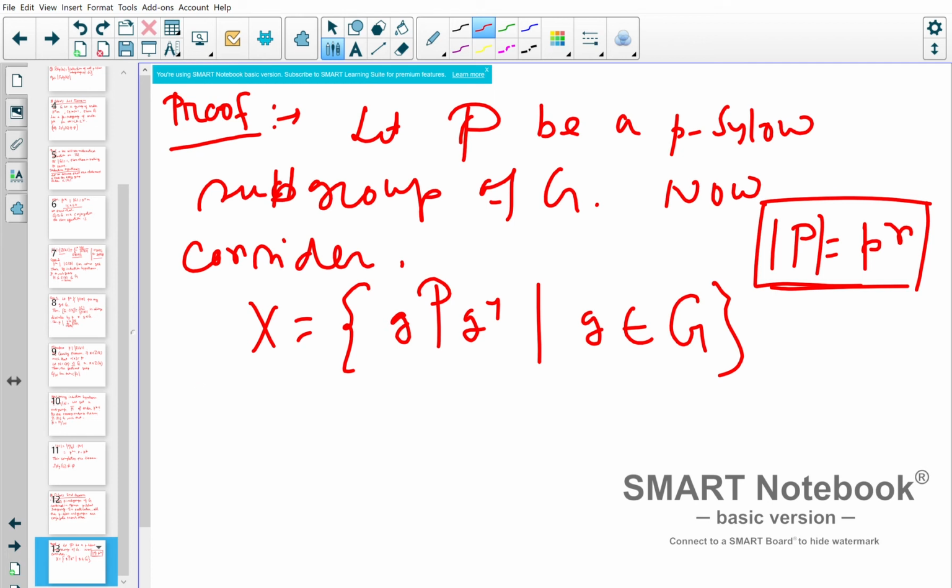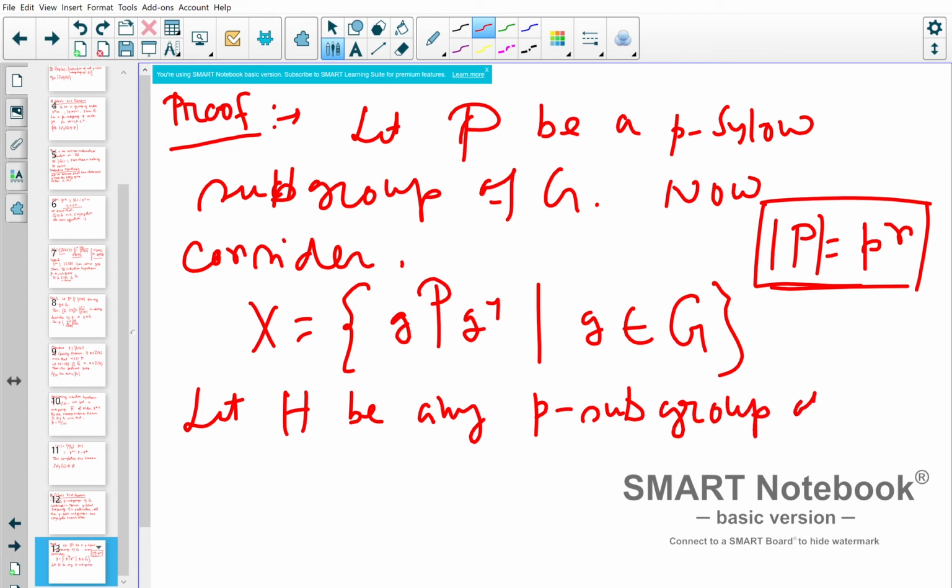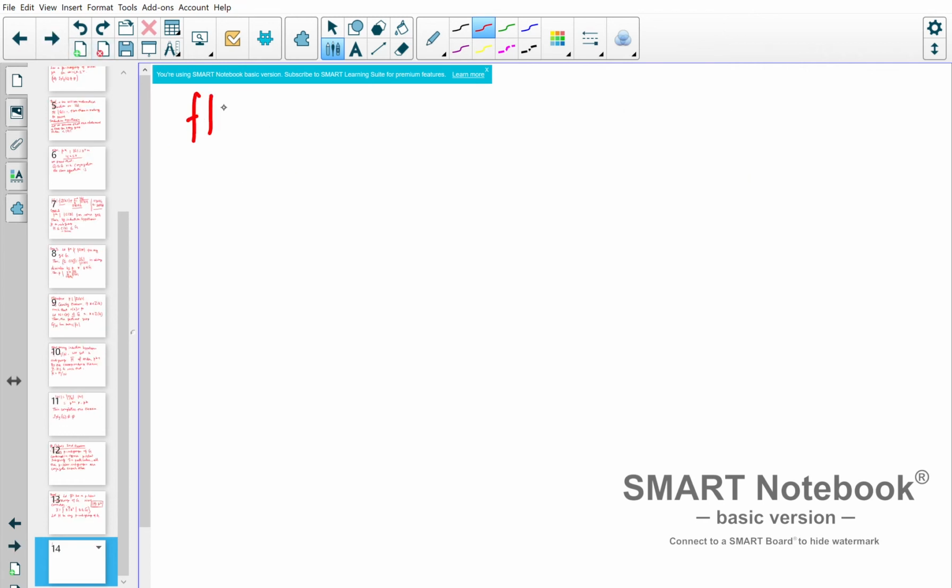So let H be any P subgroup of G. That means the order of H is some prime power. Now see that this H is acting on X via conjugation.